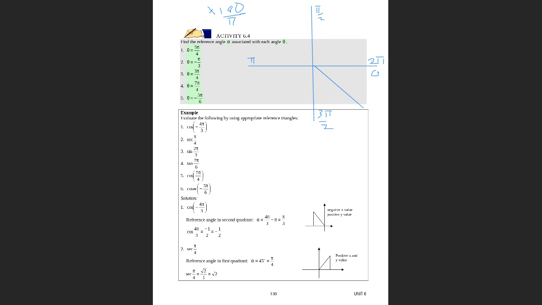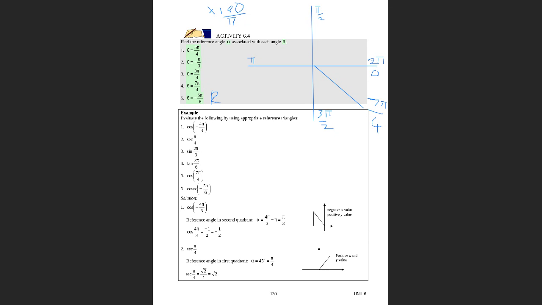So this angle is 7 pi over 4. And because we have almost gone a full revolution, now your closest x will not be 0, it will be 2 pi. Have you seen that?